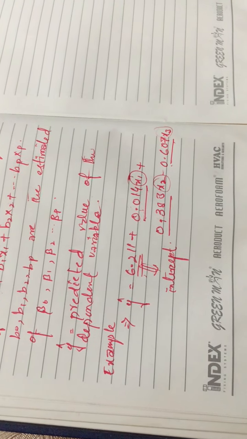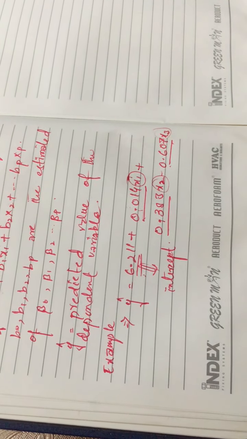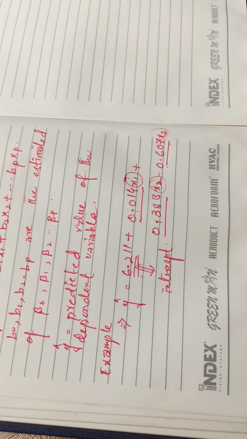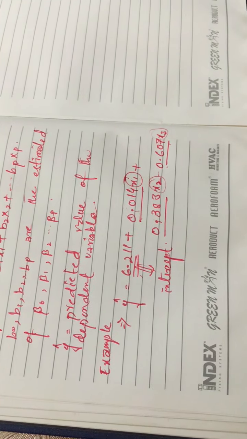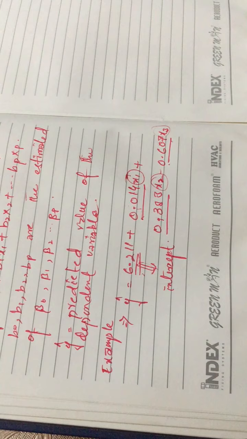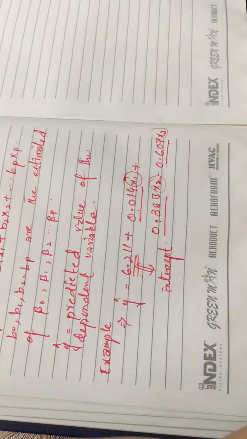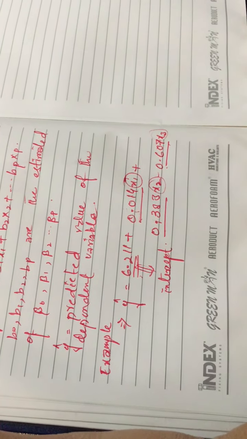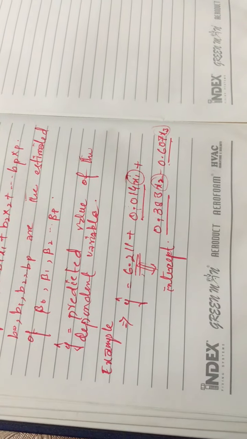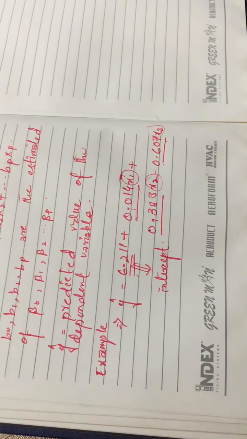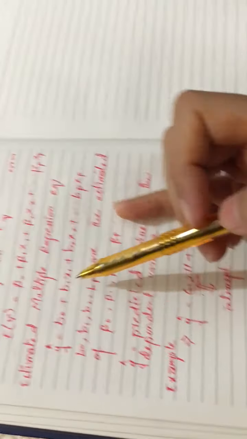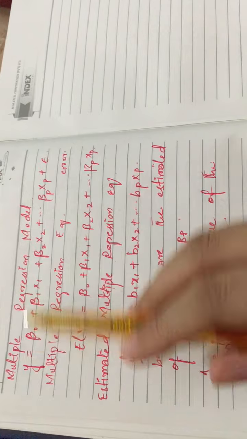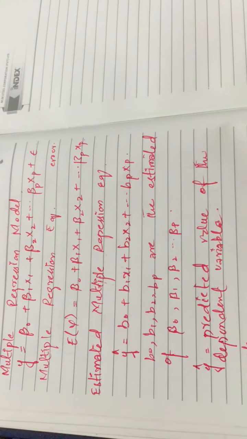So I can say that in multiple regression, each coefficient is interpreted as the estimated change in y corresponding to a one unit change in the variable when all the other variables are held constant. So this is the whole concept about the multiple regression, and these are the equations for the estimated multiple regression, and these are the multiple regression equation, and this is the multiple regression model.